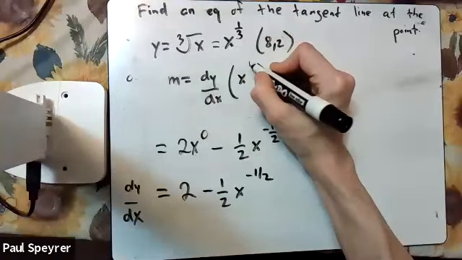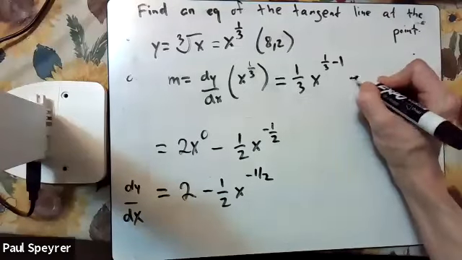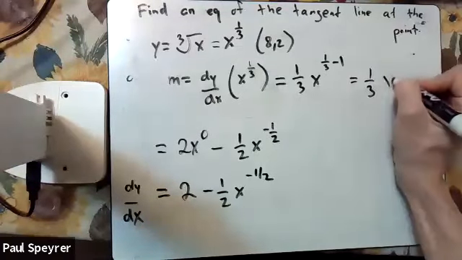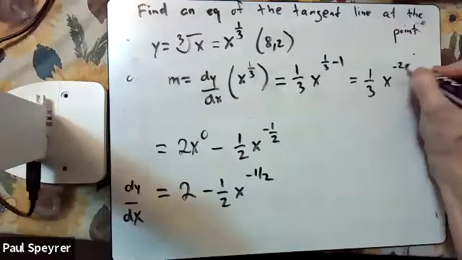Now, if we take the derivative, remember it's still the power rule, it becomes n times x to the n minus 1 power. So this is 1/3 and then x to the 1/3 minus 1. All right. So this is 1/3, and then x to the negative 2/3.